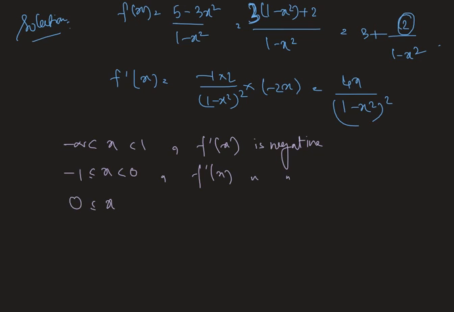If x belongs to 0 to less than 1, then f prime x is positive. And lastly, if x belongs to 1 to infinity, then f prime x is positive also.